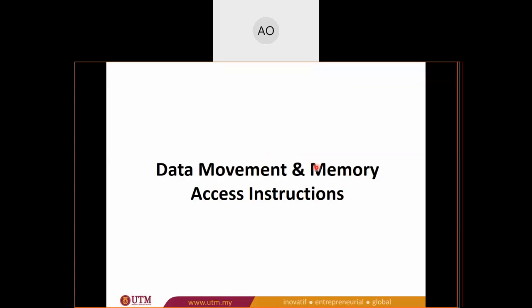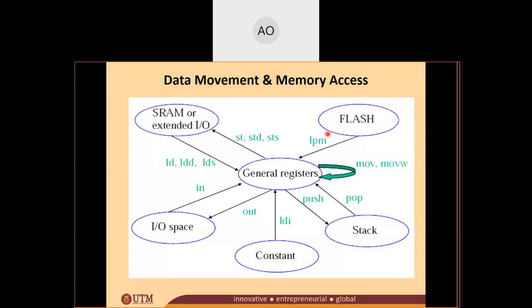For the data movement and memory access instructions, there are a few instructions that we already learned. This is your general purpose register, your GPR, and then you have a stack, a constant, I/O space, RAM or your memories or extended I/O, as well as your flash, your program memory.